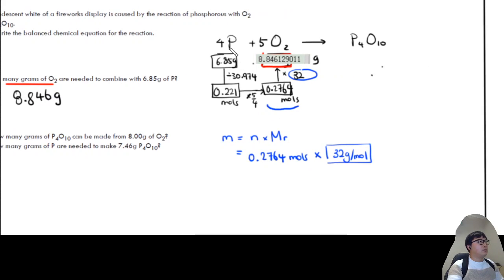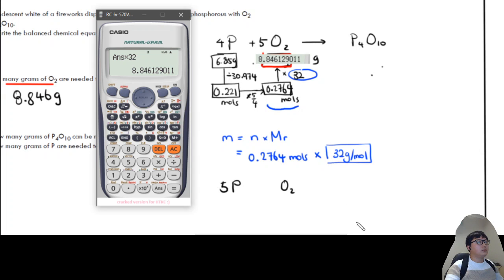So what we did there is mass to mass stoichiometry. For example, if I say 4 phosphorus reacts with 5 oxygen, and I have 5 phosphorus, how many oxygen do you need? Can you answer that question? You always have to divide by this and times by that, right?